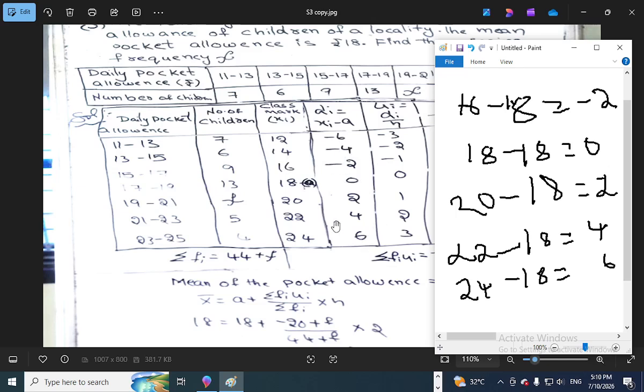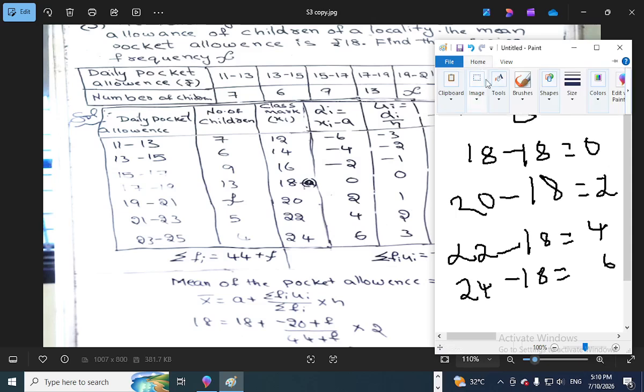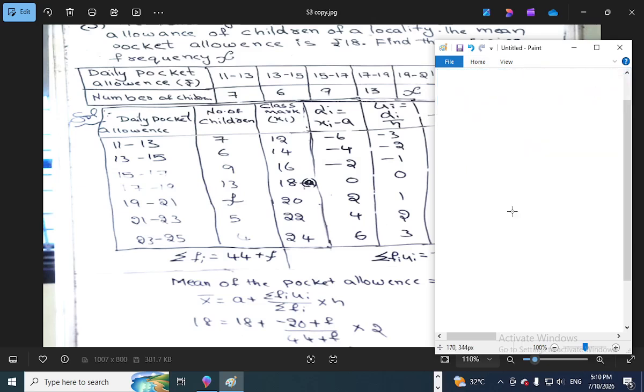So I want to reduce this data a little more. That's why I'm using the step deviation method also. So to reduce the data a little more, I'm using the step deviation method, that is ui is equal to di by height h.